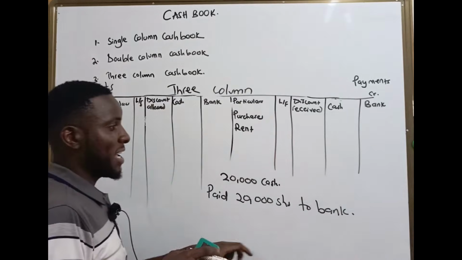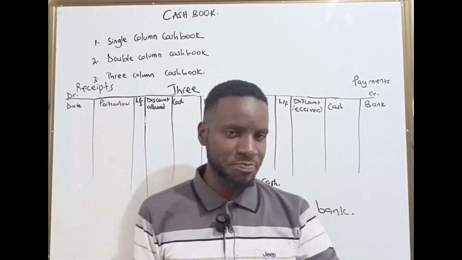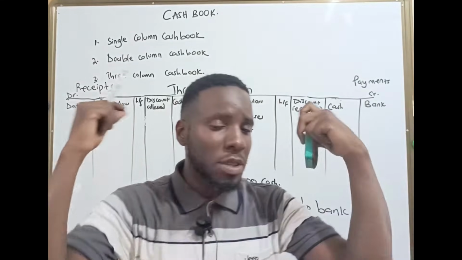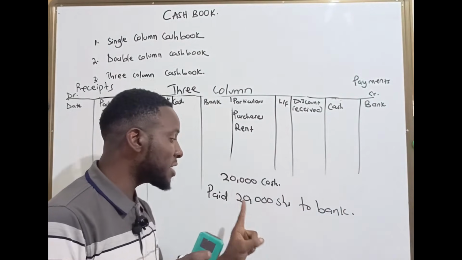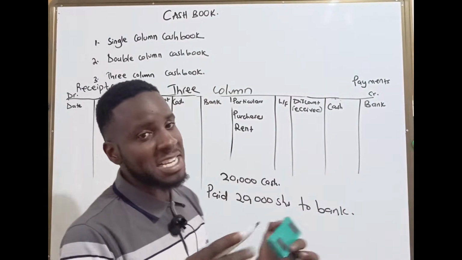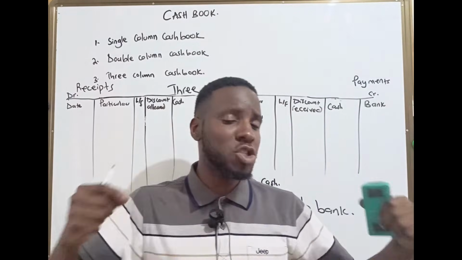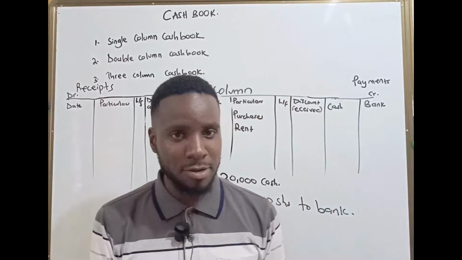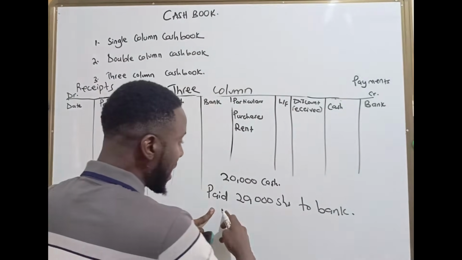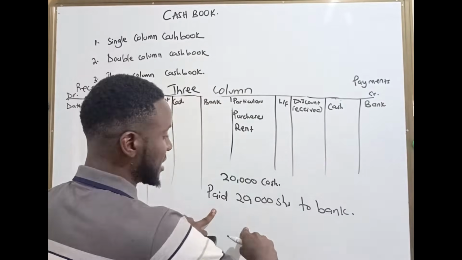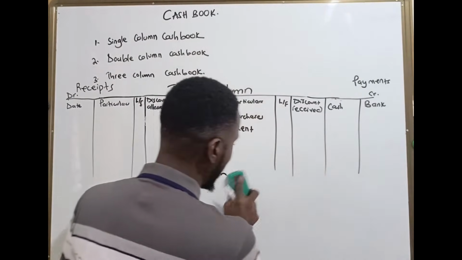Now remember, this is actually our amount of money that we have in the drawer. So if we are taking it to the bank, remember it does not increase our amount. It's like taking money from one pocket to another pocket. So it still remains your money and still remains the same amount. Therefore, it won't increase. That means if we pay money to bank, we are depositing money to bank, cash, it is a contra entry. Therefore, we do like this.